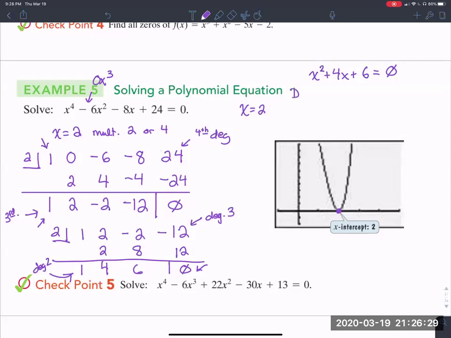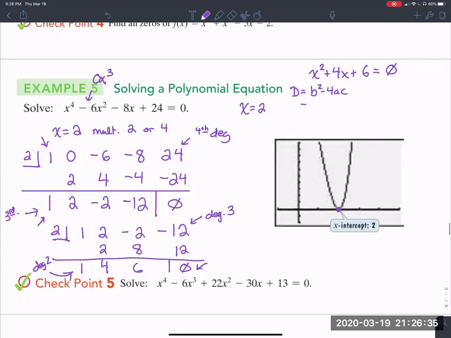So we first calculate my discriminant. A is 1, B is 4, C is 6.